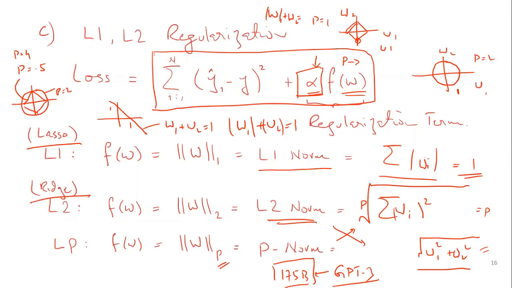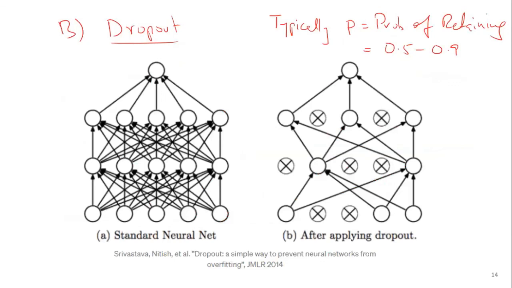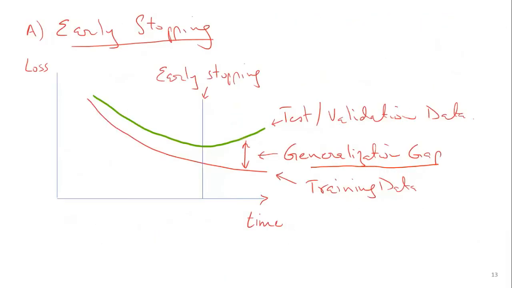Okay, so this is a completely different type of regularization, which we saw as compared to the earlier ones. How would you compare this with the other 2 regularizations that we saw? Okay, so we saw early stopping, we saw dropout, and we saw L1, L2. So can you do a rough comparison? Are they overlapping in terms of what they're trying to achieve? Are they completely addressing different issues?